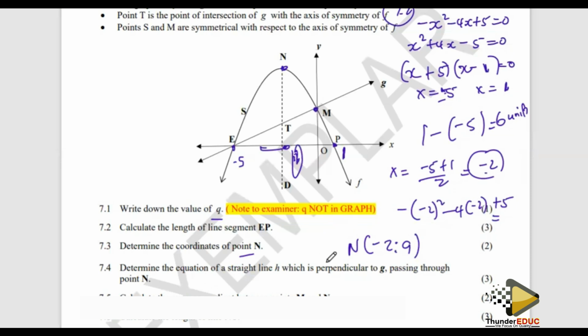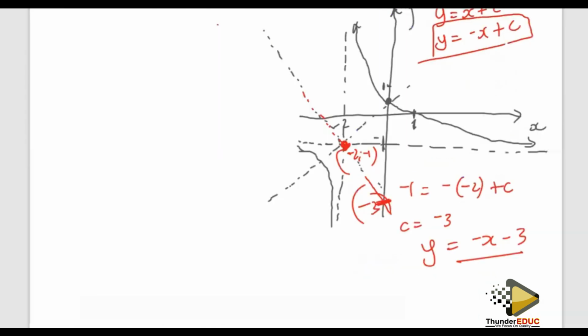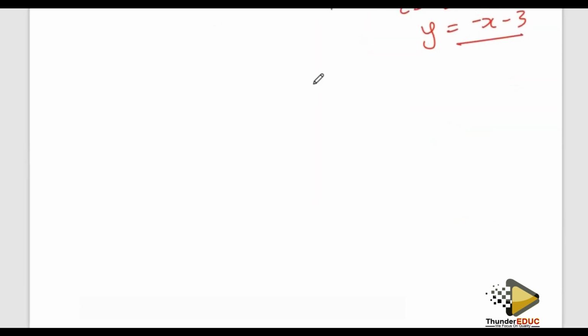Then determine the equation of the straight line H that is perpendicular to G and passing through N. So there is a line that is passing through N, but that line makes 90 degrees with G. So one thing we need to know about lines that are perpendicular is that the product of the gradients must be negative 1.